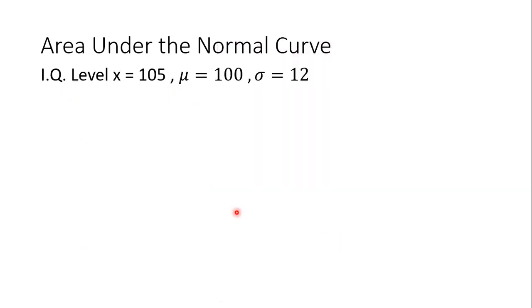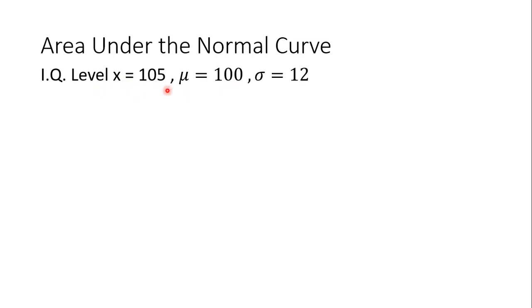This time, let us now apply the concept of Z-score and the area under the normal curve. So let's say, for instance, we're going to look for the probabilities of the IQ level. Let's say we're talking about IQ level of those who have IQ level 100 to 105, or how many of the entire population have the IQ between 100 to 105.